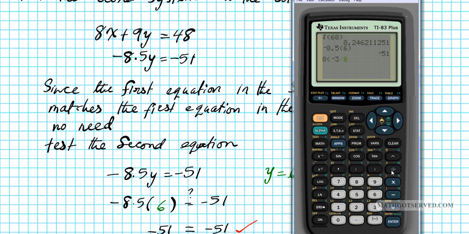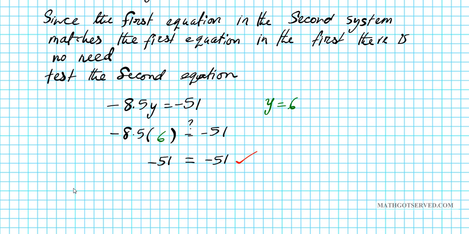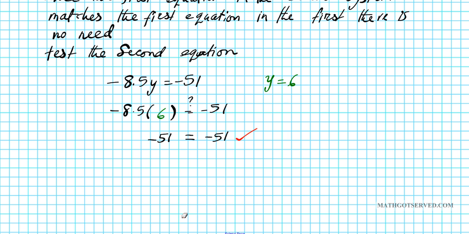Negative 3 over 4, plus 9 times y, just to show you that it works. If we get 48, then it's good. 48, perfect. So you see that both equations are true. But this is unnecessary because we have an overlap between the first equation in the first system and the second system. Now, do we agree or disagree with Albert?